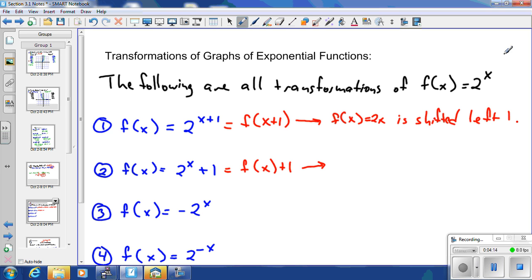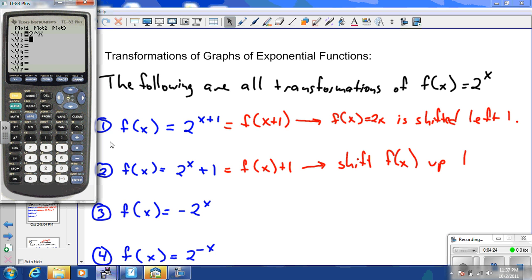We're going to take the original 2 to the x and it's going to get shifted up 1. I'll quickly demonstrate that to you. So we'll say this is going to be 2 to the power of x, and then not in the parentheses, we put plus 1. You should see that this graph goes up one spot higher. Other than that, it's the same exact graph. So we can clear that out of there.